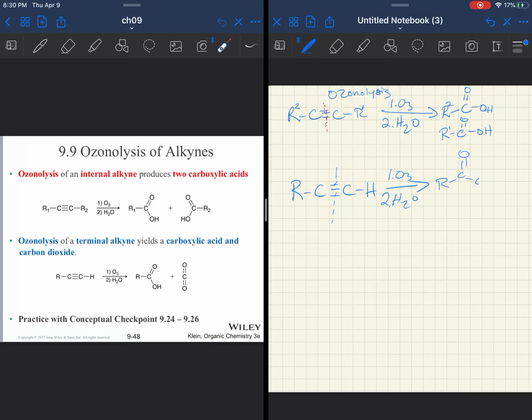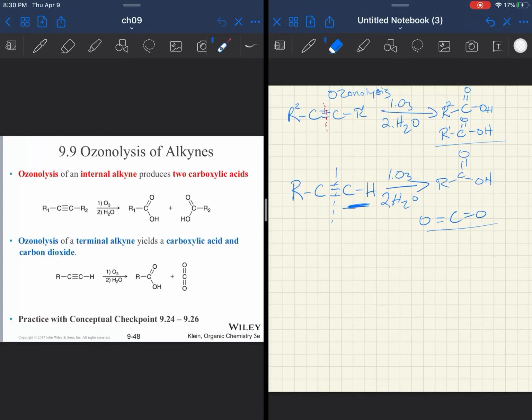Now, if you have a terminal alkyne, you are going to wind up making some CO2, because you're still going to cut this down the middle. If there is an R group on one side, you will make a carboxylic acid. But the side that has a hydrogen is going to be fully oxidized, replacing all bonds with bonds to oxygen, so you will make some CO2.